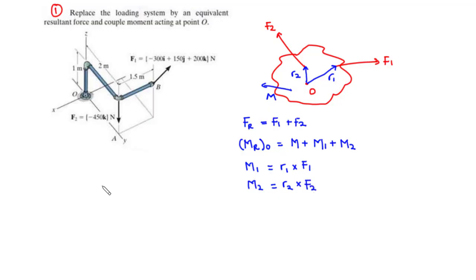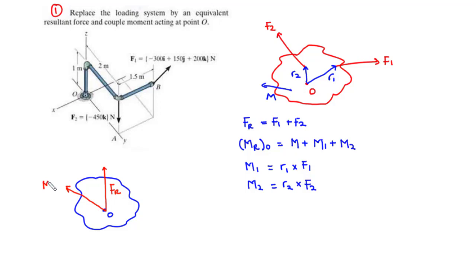So finally, if we consider this to be the body with a point O somewhere here, then you are going to have this to be the resultant force FR, and then you have the resultant couple moment about O somewhere here.